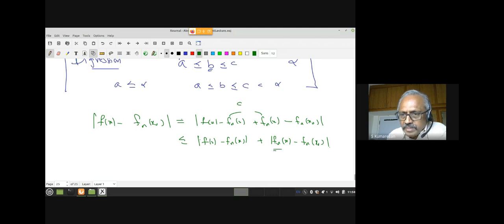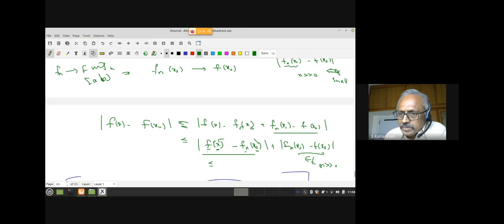Now what do I do here? So far I never used the fact fn's are continuous. Continuity of fn I never used. Now I can use it. You see that this is the same fn, this is also fn. If x is very close to x0, fn(x) will be very close to fn(x0). Therefore, this also I know how to make sure this is less than epsilon by 3, epsilon by 3. Therefore, the earlier one also let me make it epsilon by 3.